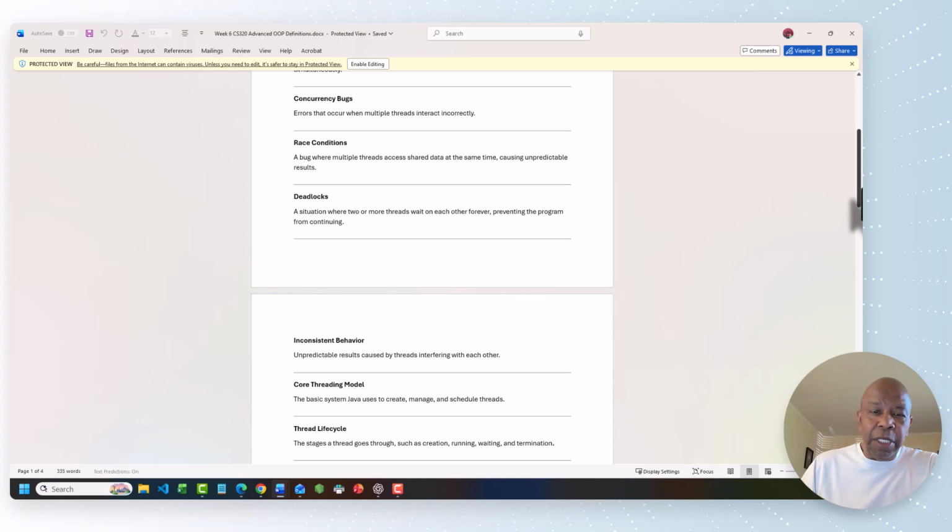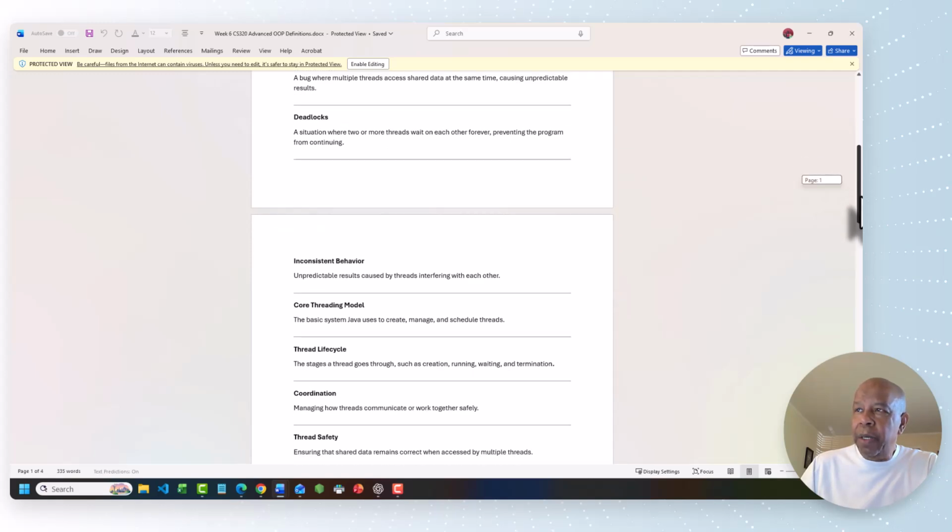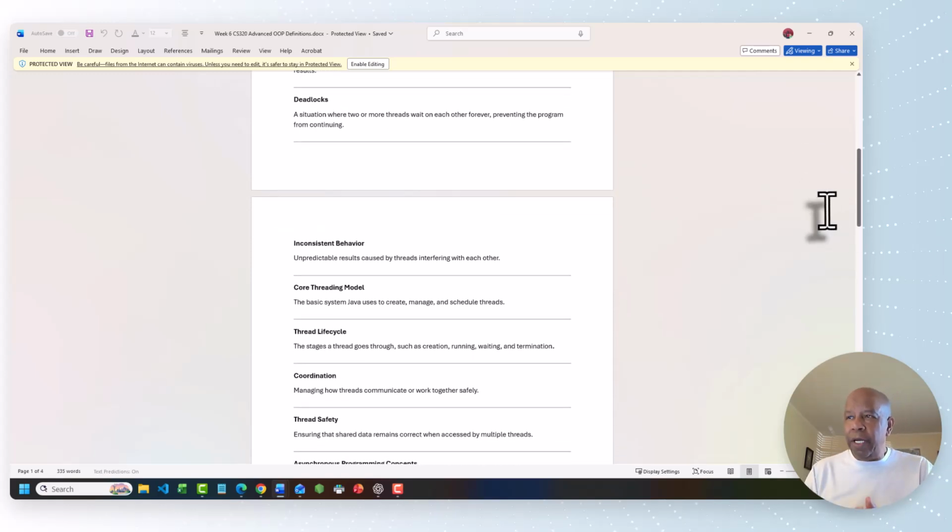We have talked about this briefly starting in the class, but deadlock is a situation where 2 or more threads wait on each other forever, preventing the program from continuing. By virtue of deadlock, we can't do anything because one program is waiting on another program at the same time that they're waiting on each other. Inconsistent behavior, unpredictable results caused by threads interfering with each other.